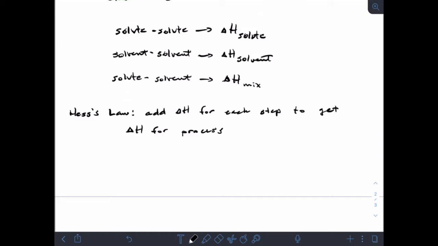So in mathematical terminology, we can symbolize this by saying delta H for the solute interactions plus the delta H for the solvent interactions plus the delta H of the solute-solvent interaction, so delta H mix, gives us our delta H for the solution.